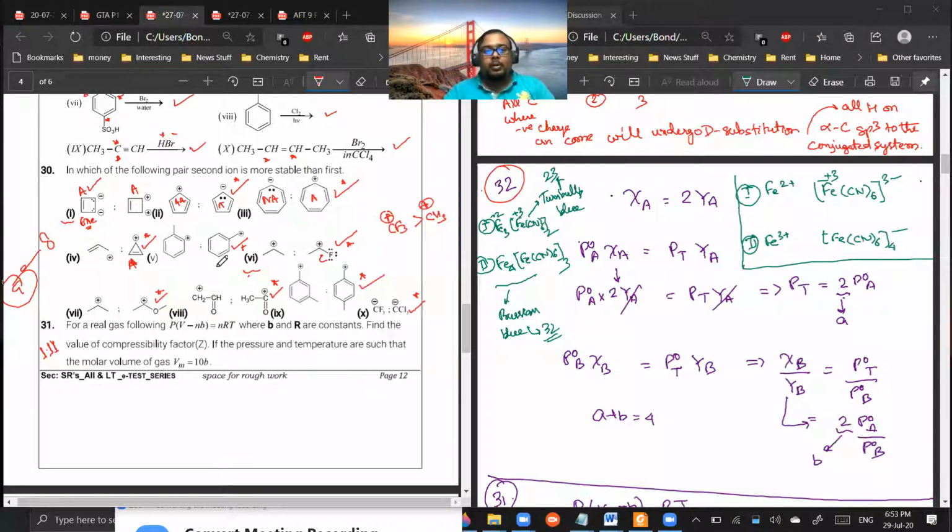Sir, anyone have the 8th and 9th? The 8th one is this one. You see, this positive charge is destabilized by the carbonyl group here. But here, the positive charge is stabilized by the oxygen lone pair through back bonding.